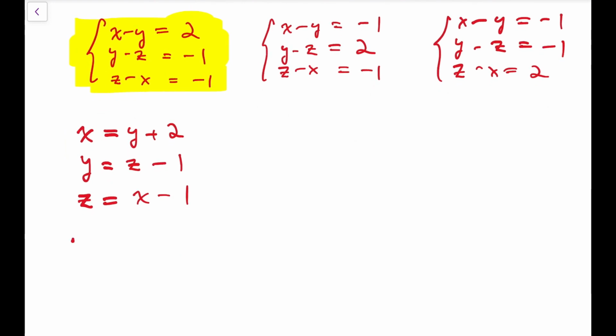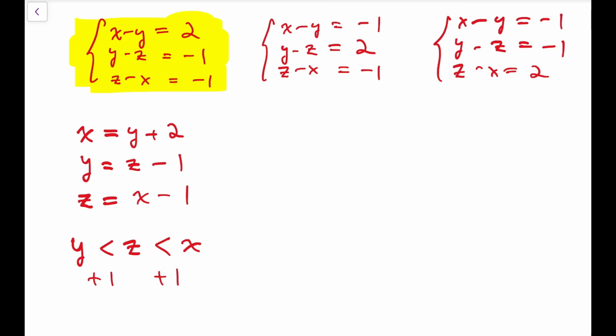So for the first system, y is smaller than z and smaller than x, and the difference between the consecutive numbers is just 1.